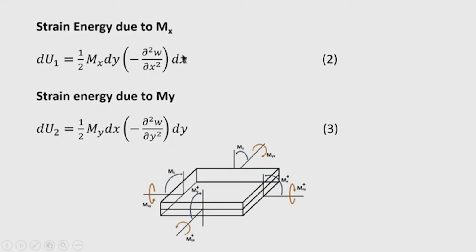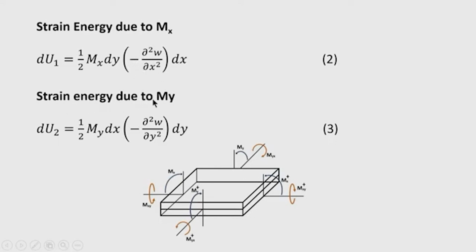The change of the slope: if it is ∂w/∂x here, it will be ∂w/∂x plus ∂/∂x of ∂w/∂x on the other edge. Naturally this quantity comes here. The minus sign is taken because with the increase of deflection the slope value decreases, therefore a minus sign is taken in this expression.